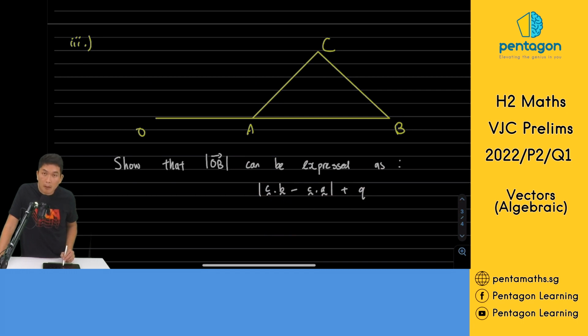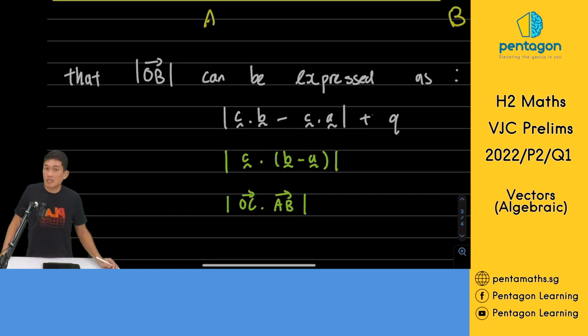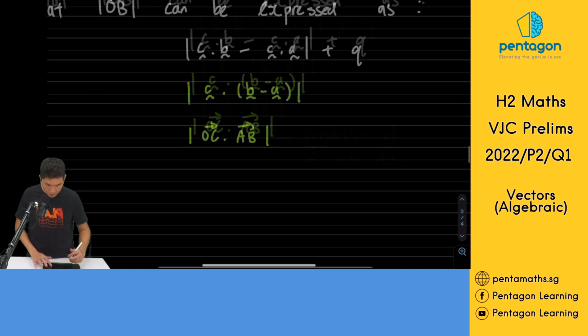This was actually C dot B minus A. And what is C dot B minus A? That is actually OC dot AB. You need to remember that AB is a unit vector. That is very convenient because this is then the geometrical interpretation of OC dot AB.